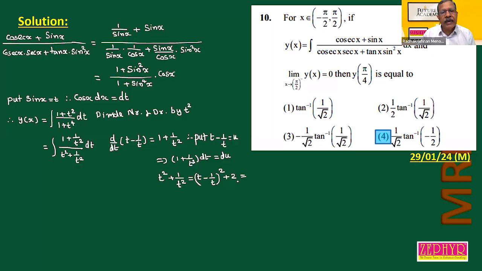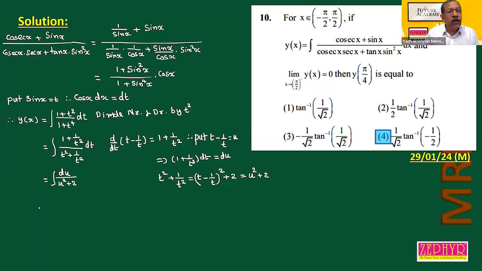And t minus 1 by t is u, so it will be u squared plus 2. So our integral is now the integral of du over u squared plus 2. Now you can integrate it.